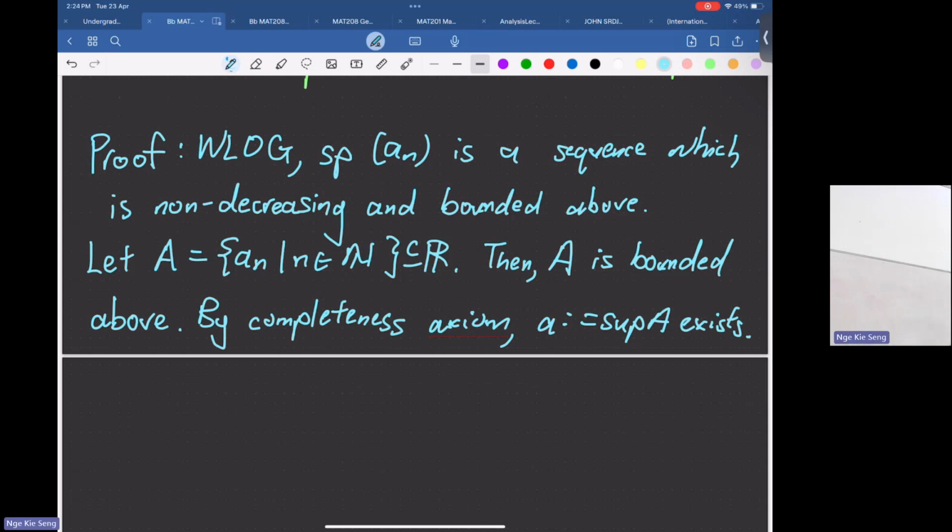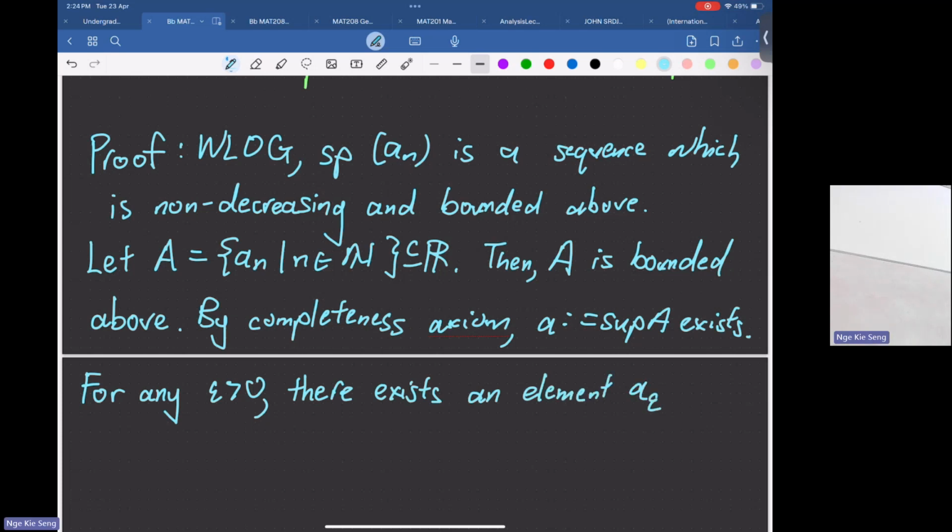Remember, we have a few equivalent definitions of the supremum. One of them: for any epsilon greater than 0, there exists an element, call it a_epsilon, depending on epsilon, in my set A, such that it is greater than A minus epsilon. It cannot be greater than A, because A is already the upper bound.